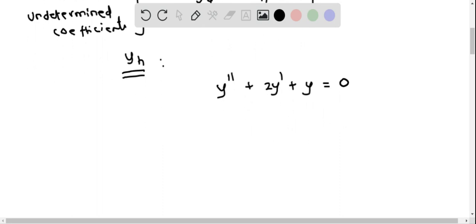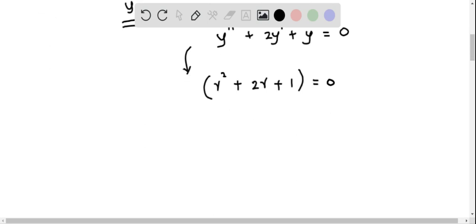Now we can write down its characteristic equation. Remember that in the characteristic equation we replace y double prime by r squared and y prime by r, so it becomes r squared plus 2r plus 1, since y becomes 1, equals 0. Now we can solve for r using this equation.